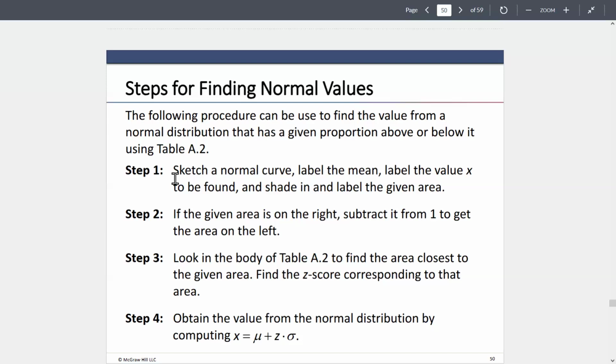And we look in the z-score table, find the area closest to our given area, go backwards, and find the z-score. This is a step we haven't done so far because we haven't actually looked for x, except for the one case. Once we obtain that z-score, we can use x = mu + z times sigma to go back and find the actual x value that that area is associated with.